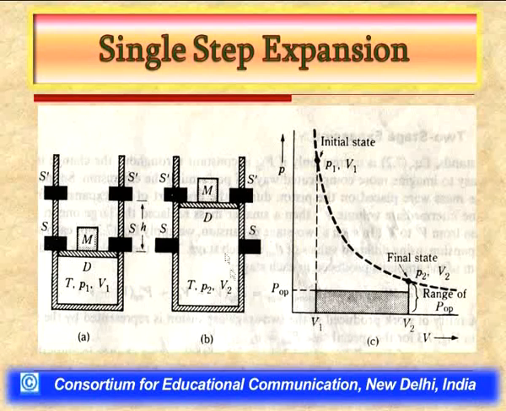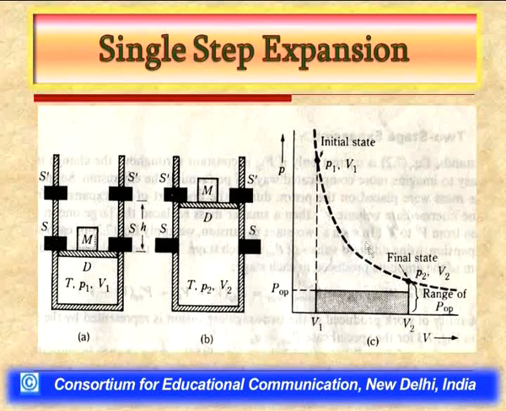Now, let us have a rationalization of this expansion process in the PV isotherm. The PV isotherm is nothing but the pressure-volume graph plotted at constant temperature, and the PV isotherm curve is shown over here in the form of a dotted curve.